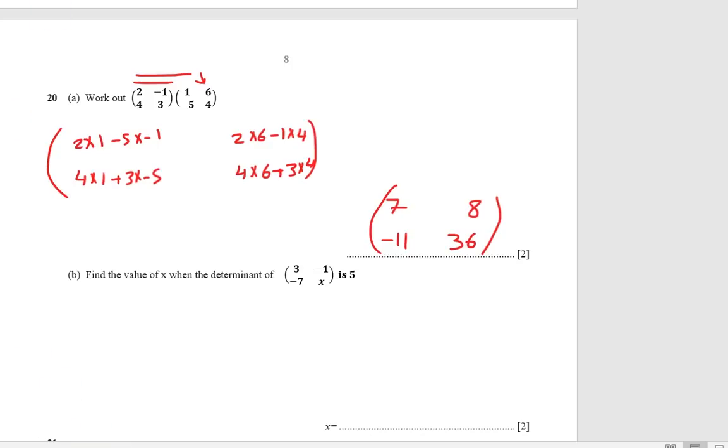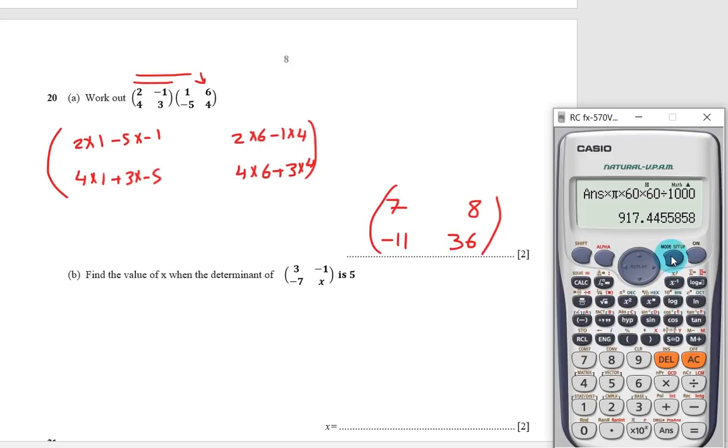Double check with your calculator. Mode, Matrix. Matrix 1, 2 by 2. Now 2 equal, minus 1 equal, 4 equal, 3 equal. Now again, matrix 2, which is B, 2 by 2: 1 equal, 6 equal, minus 5 equal, 4 equal.